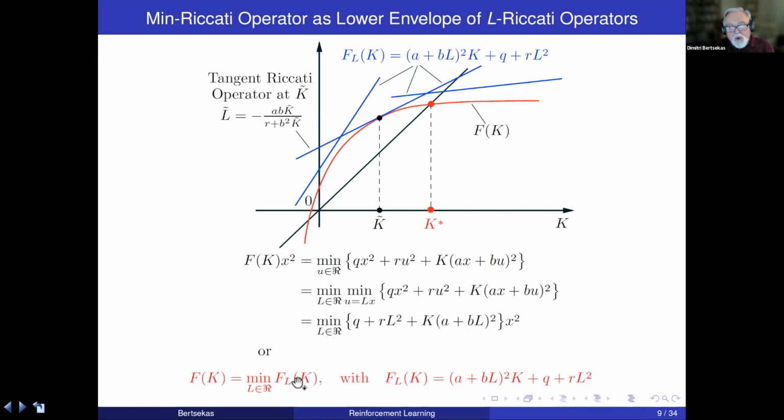First of all, in shorthand, f of k is equal to the minimum of f sub L of k. In other words, f of k is obtained as the minimum of all those here, and in particular, for some fixed value of k, let's say k tilde, to obtain f of k tilde, we have to go up this way and record the crossing points with the blue lines, and we obtain the minimum crossing point.